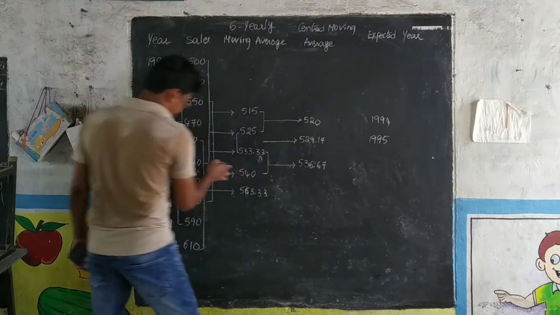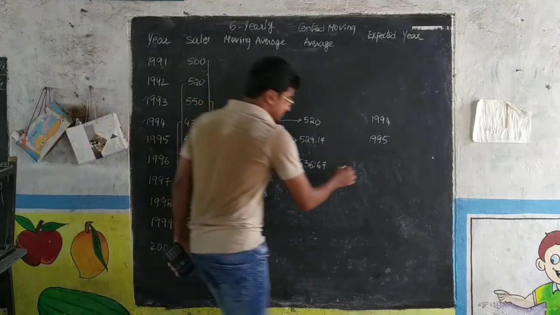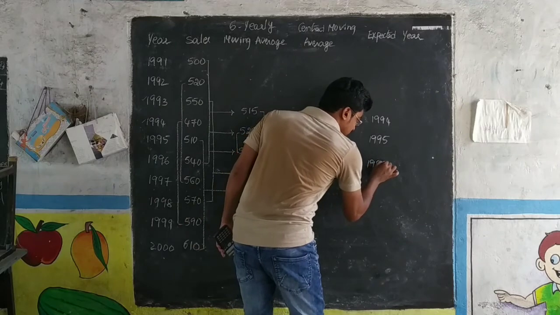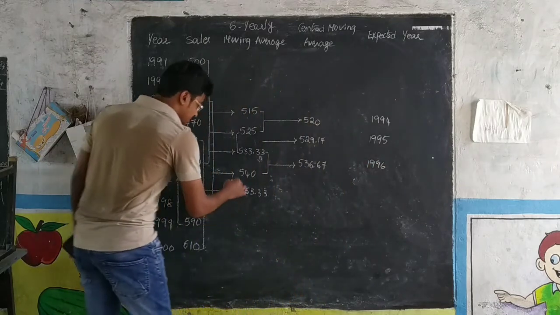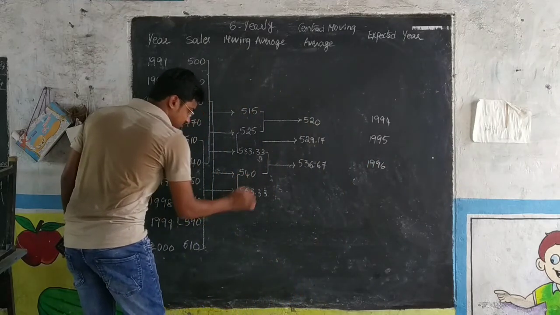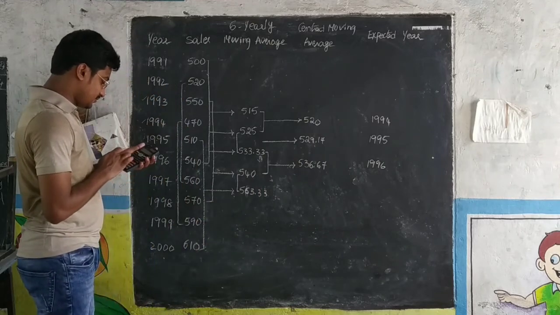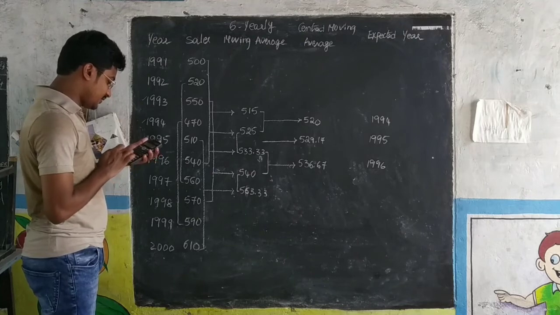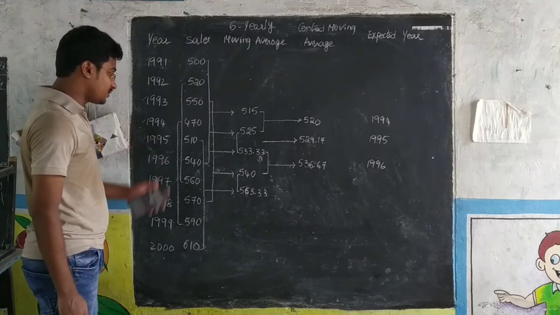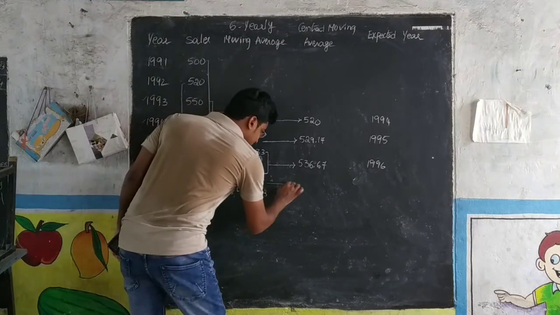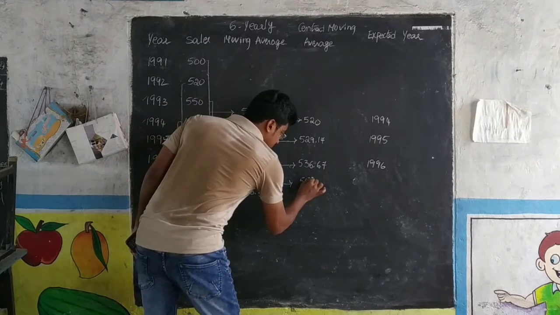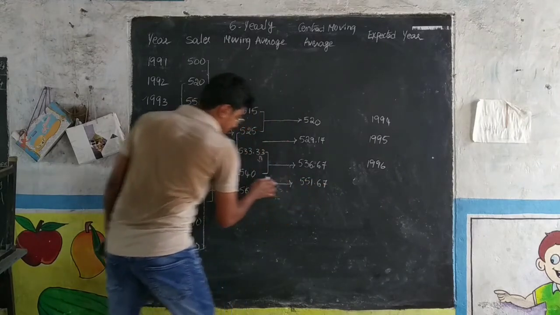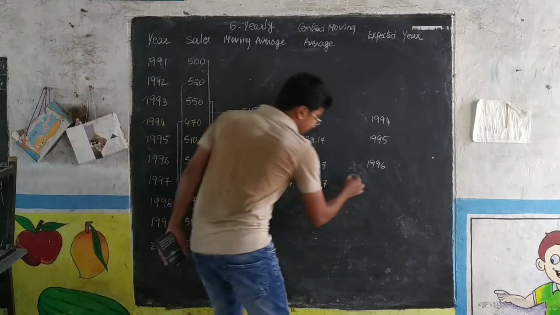This value coincides with 1996. Next, last two values. 540 plus 563.33 divided by 2 is 551.67. This value coincides with 1997.